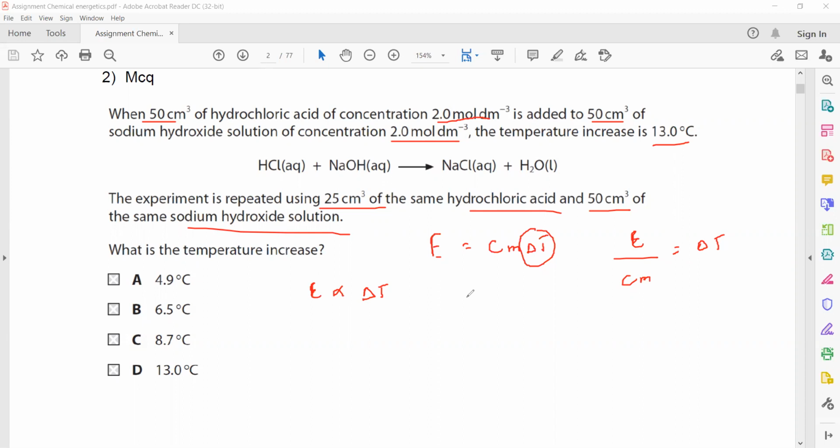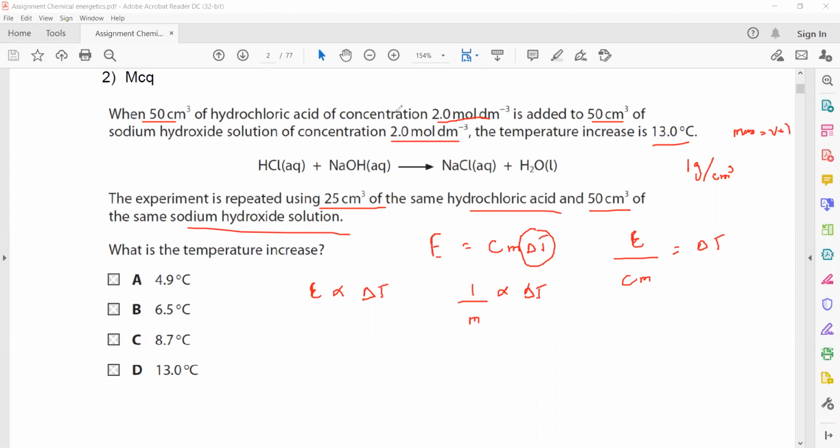And it shows that temperature change is inversely proportional to mass or the volume of solution. For these types of questions, we consider that the density of the solution is 1 gram per cm cube, so the mass is the same as the volume.